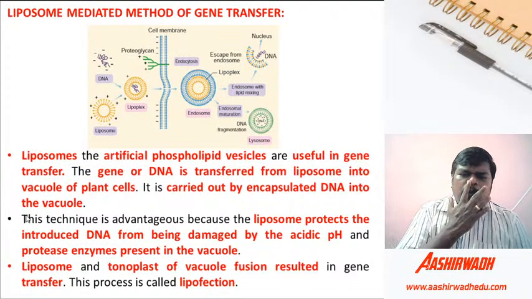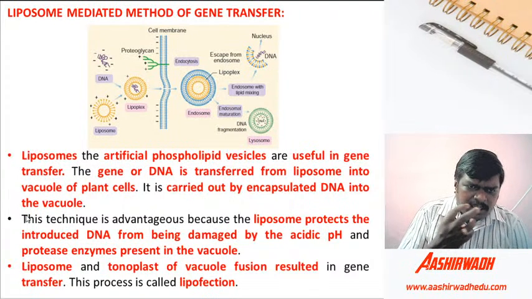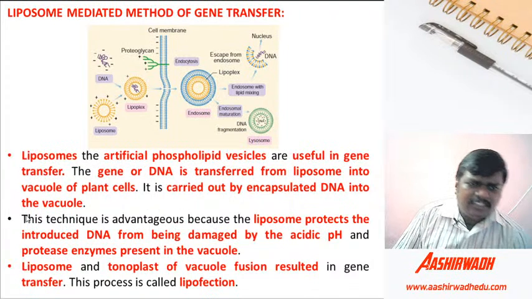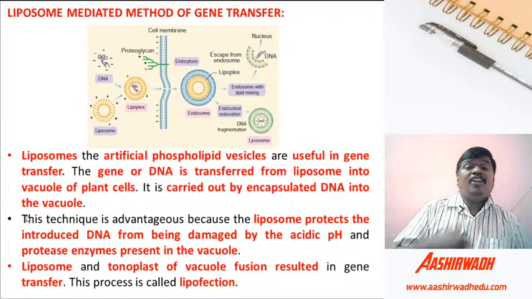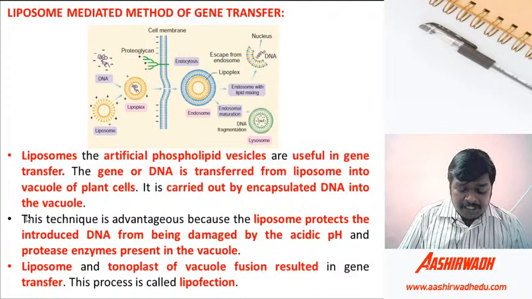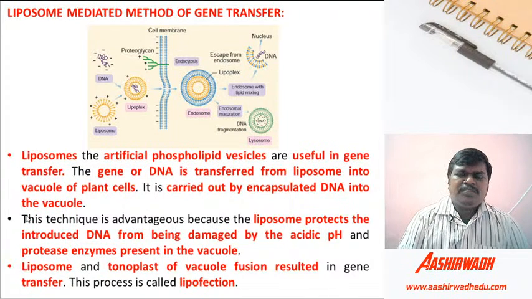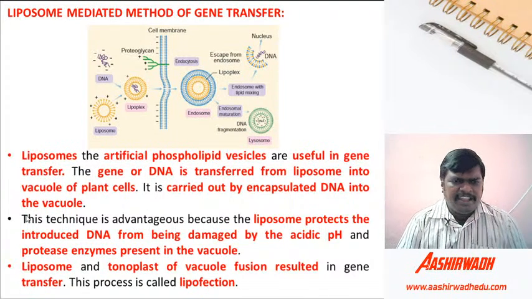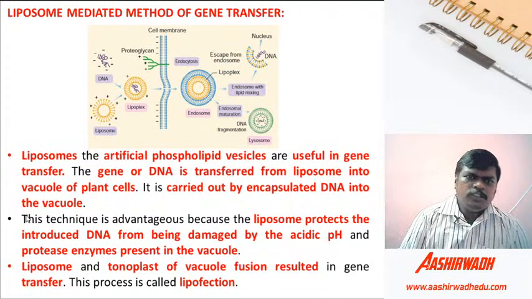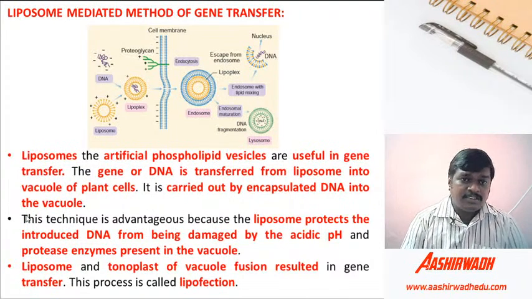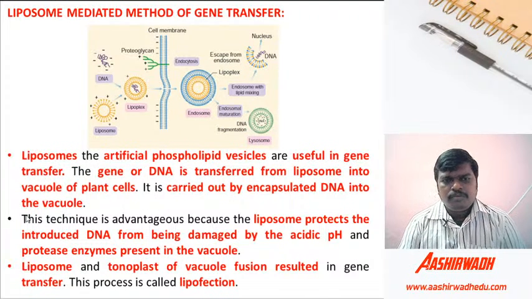So what will happen? The DNA that is introduced through the lipoplex has a lot of chances to get damaged by the acidic pH. And also the cytoplasm of the cell contains protease enzymes. Those protease enzymes can digest the proteins present in the DNA.